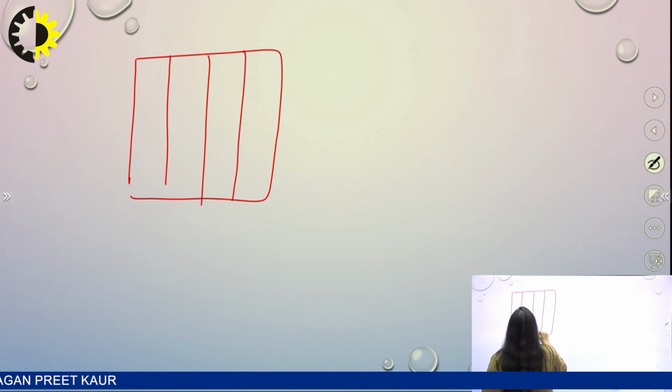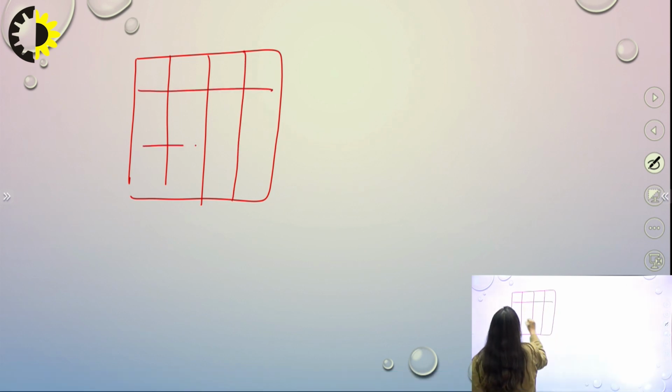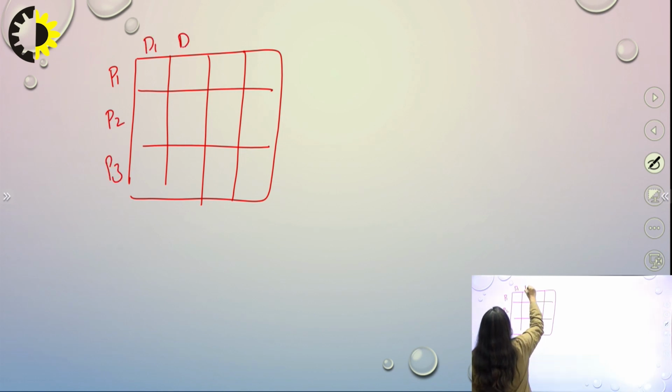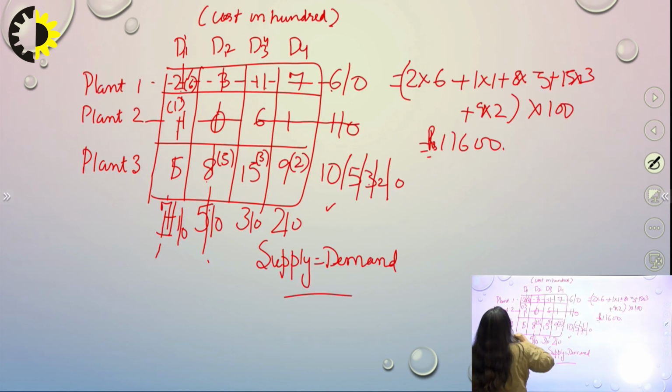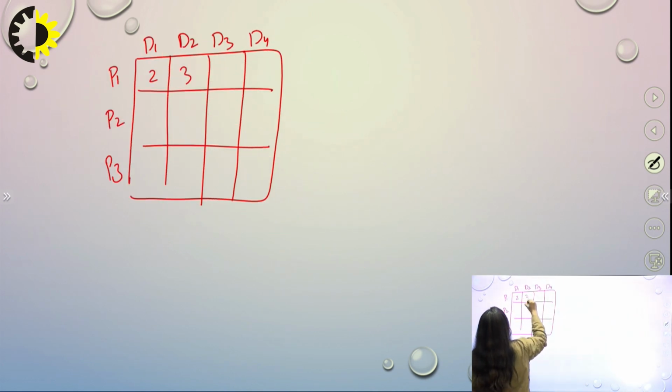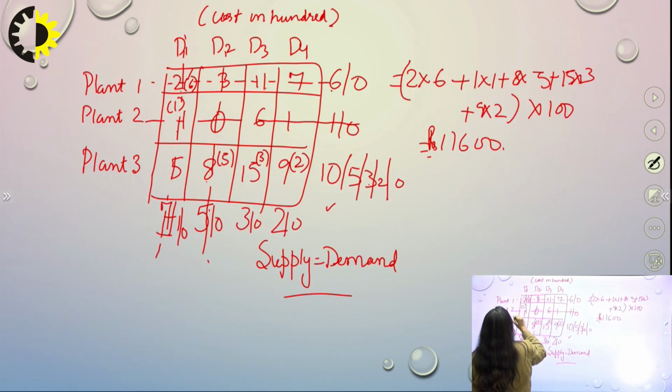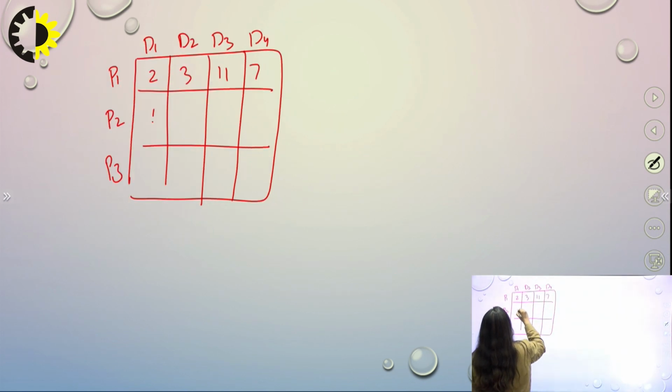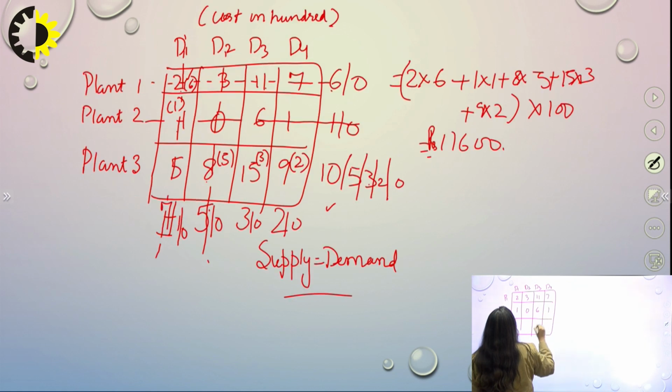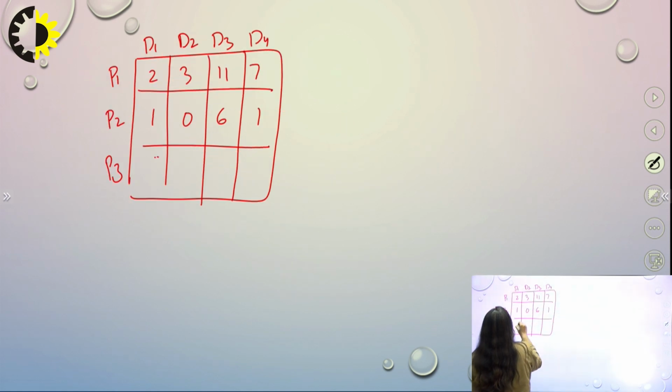4 distribution centers and 3 plants. That is 2, 3, 11, 7, 1, 0, 6, 1, 5, 8, 15, 9.